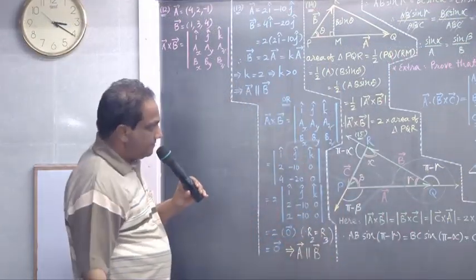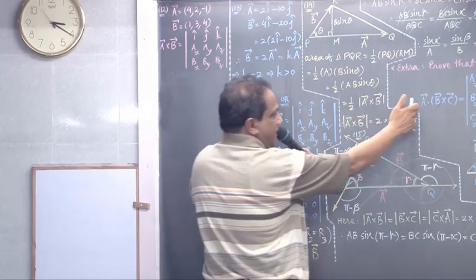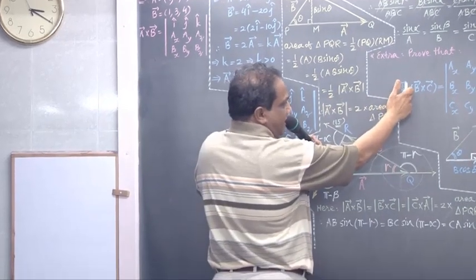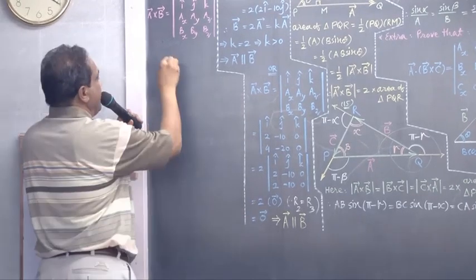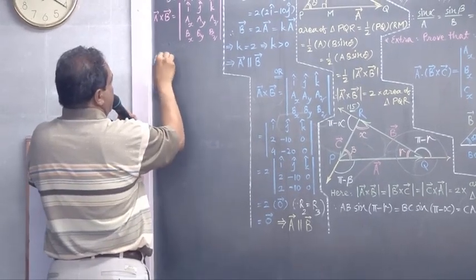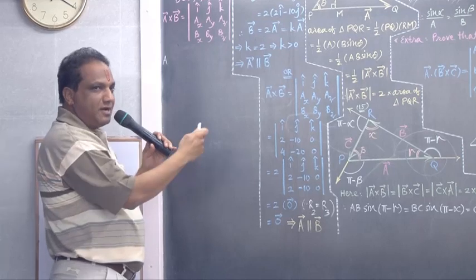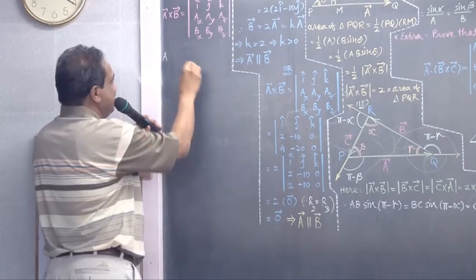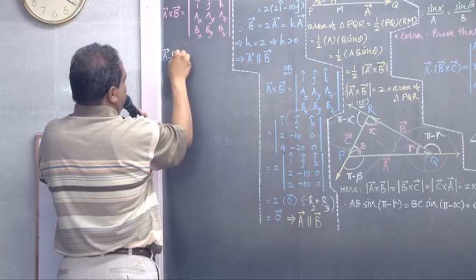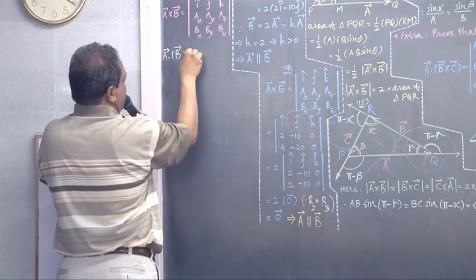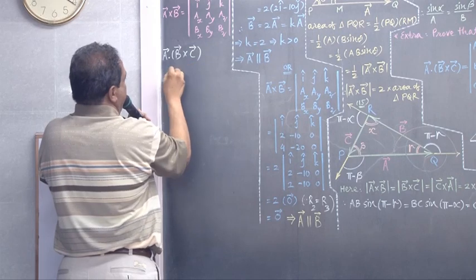Look. I start with the left side: vector A dot vector B cross vector C. Don't write, just look here. Try to inspect whether I am writing properly or not. Be a good spectator.